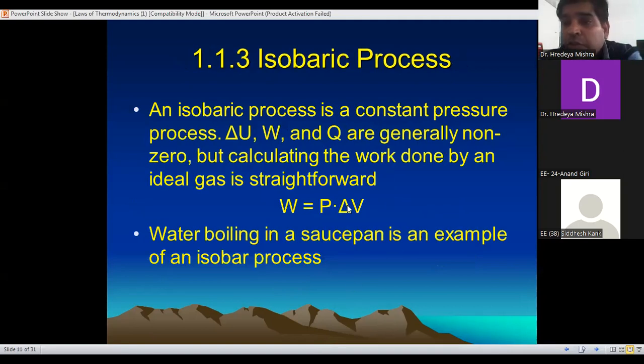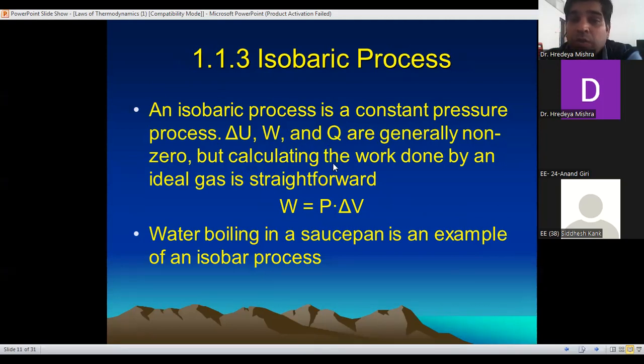So next is the isobaric process. What is the isobaric process? An isobaric process is a constant pressure process. Delta U, W, and Q are generally non-zero, meaning change in internal energy is not zero, work done is not zero, and Q is not zero.